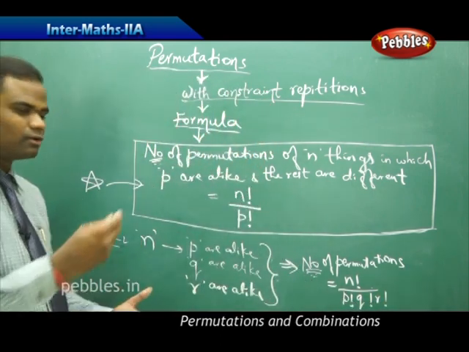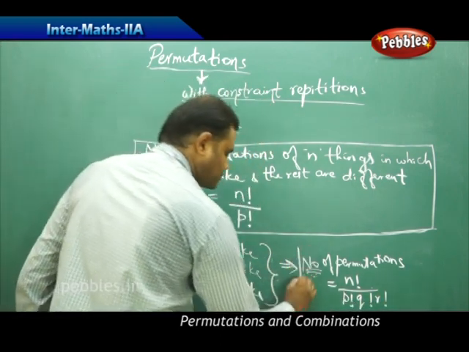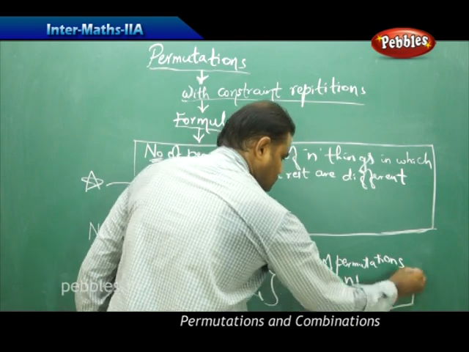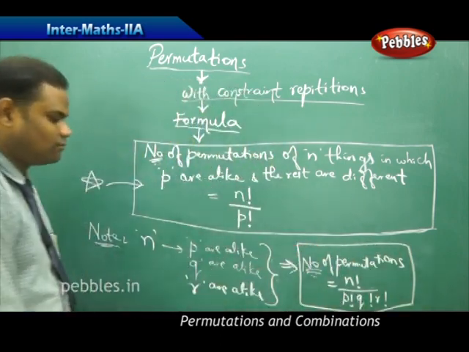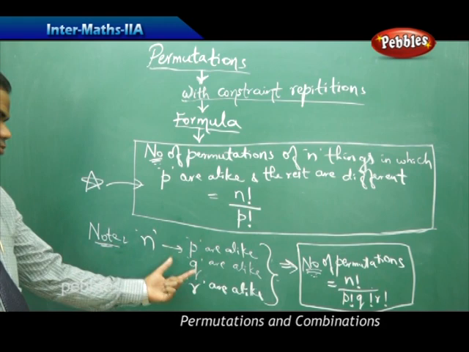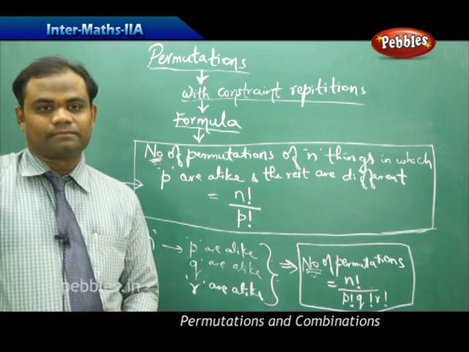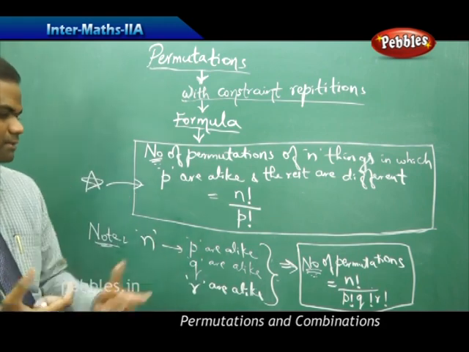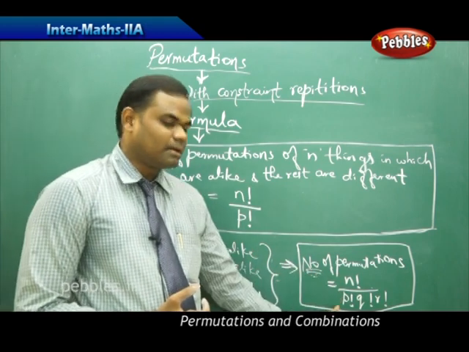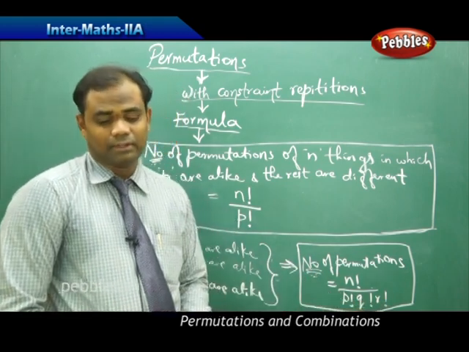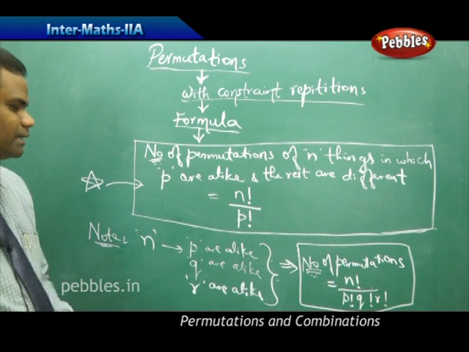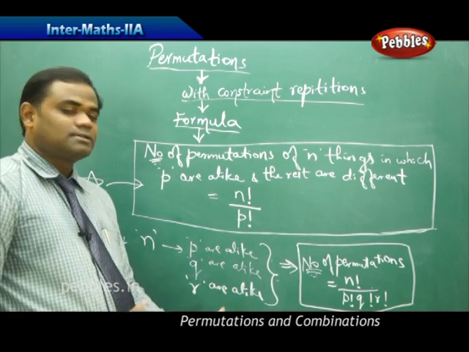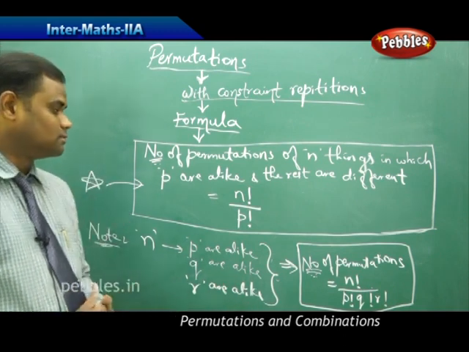So it goes on in that way, and I can use the formulae according to the given conditions. So if you have p and q alike terms, then I can use n factorial by p factorial into q factorial. So the formulae change accordingly with the alike terms and the non-alike terms.